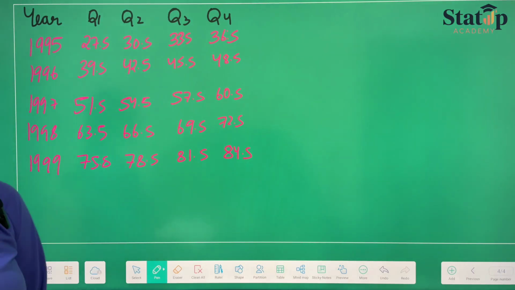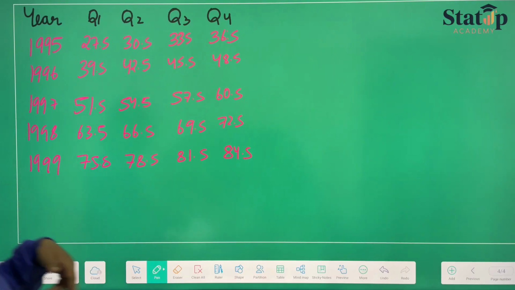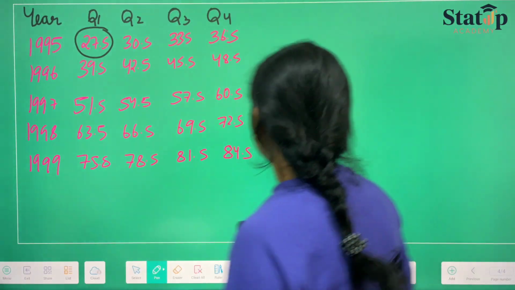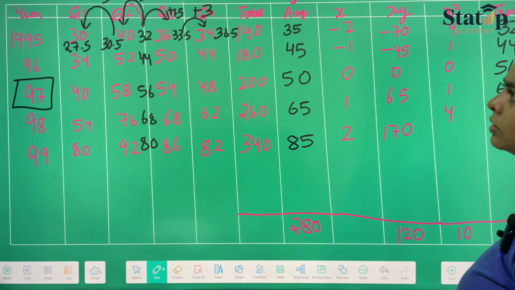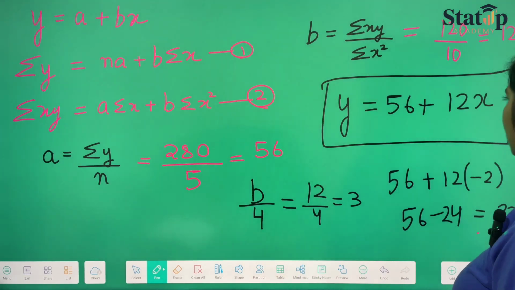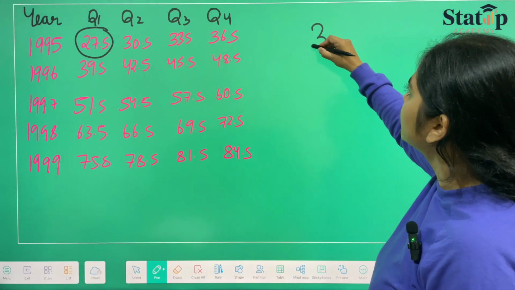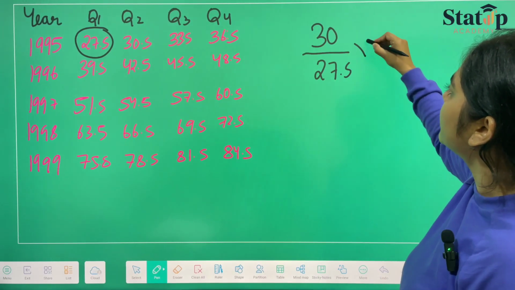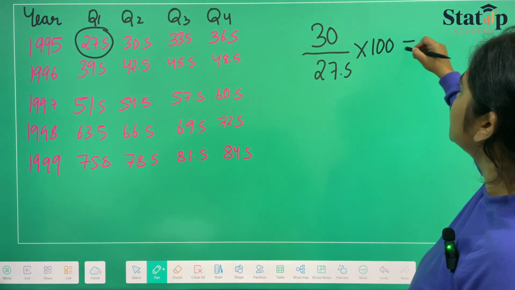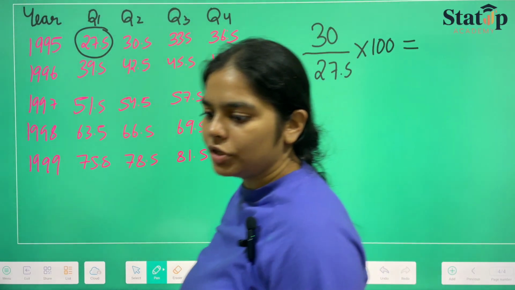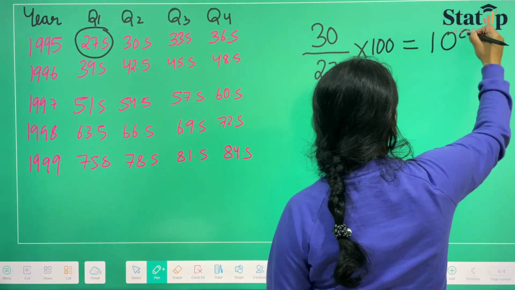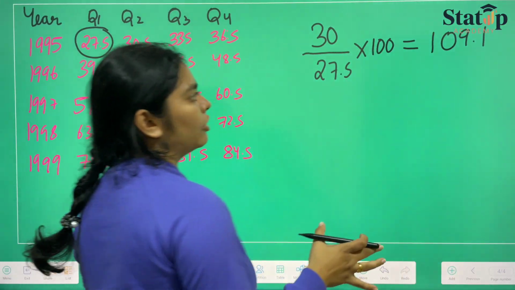Now we have to calculate the trend value as a percentage of these values. So the original trend value in quarter 1 for 1995 was given as 30. So we'll divide 30 upon 27.5 into 100 and we'll get our seasonal index, which will be 109.1. This is the formula for calculating.